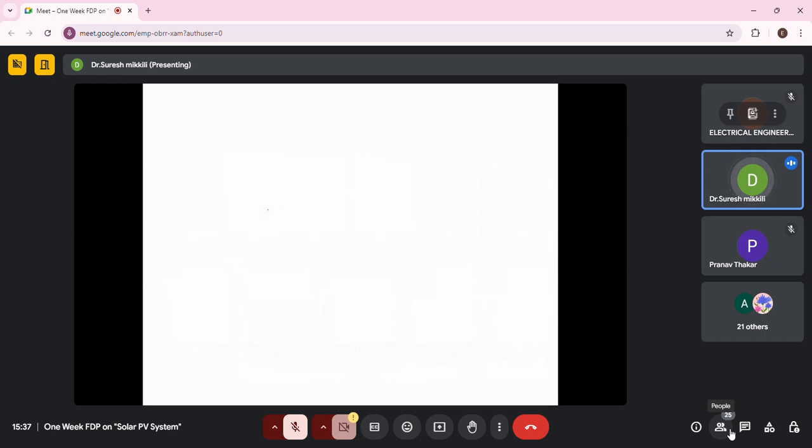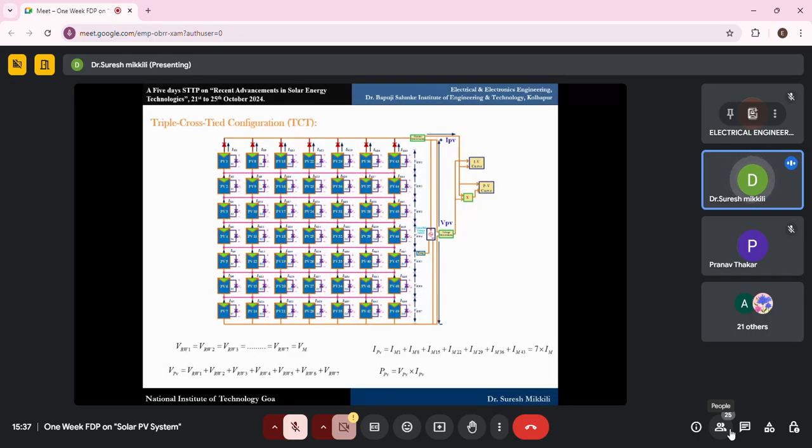Next is total cross tie. Total cross tie means all the modules are connected together. The voltage across VPV, the entire PV string, will be equal to the voltage across row 1, row 2, row 3 and so on, up to row 7.